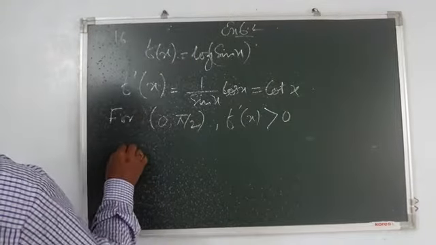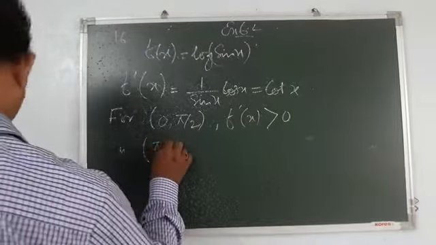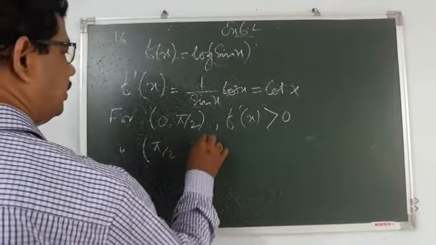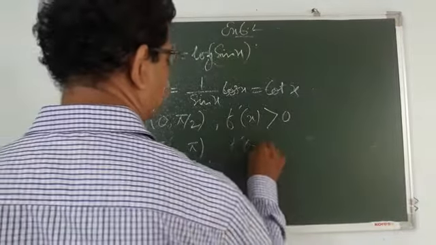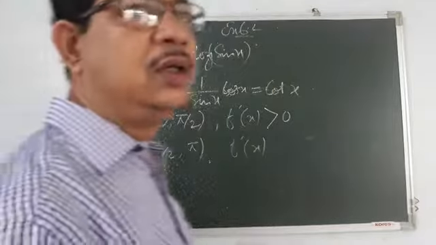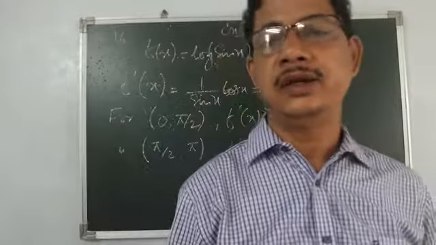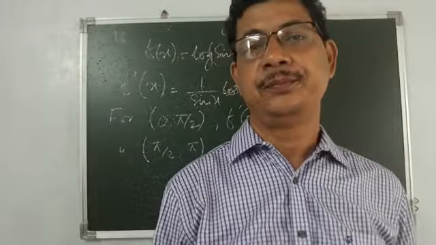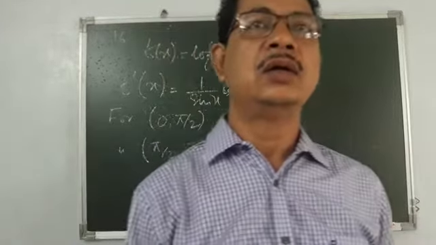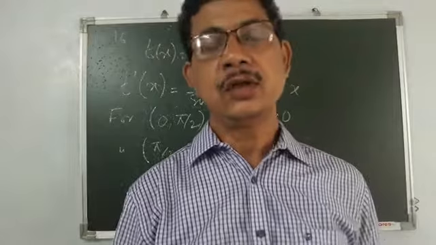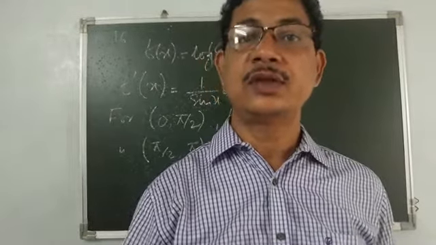And if we consider 90 to 180, f dash x: if you take any value, suppose 120, that is 90 plus 30.